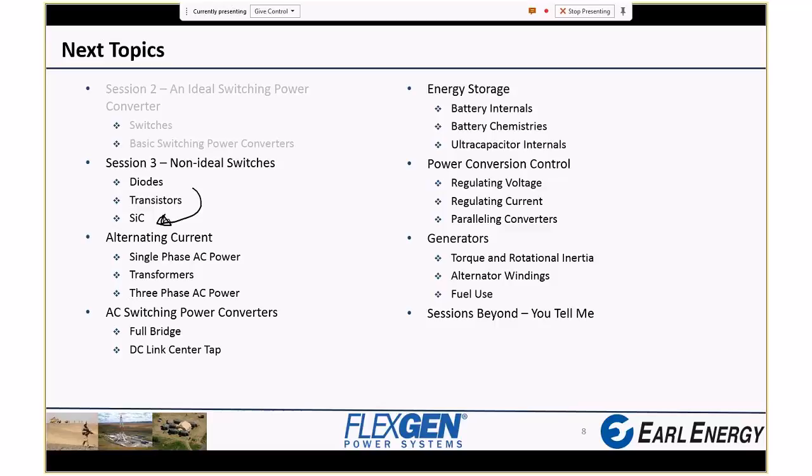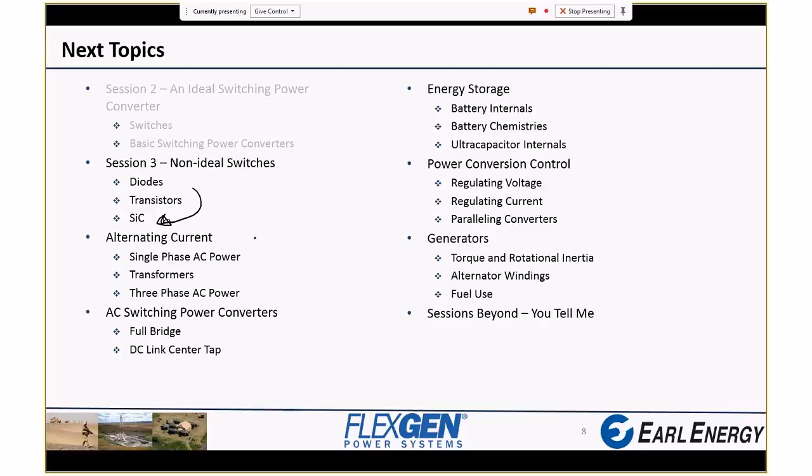I didn't put session numbers on these yet because I bet some of the stuff will get stretched out, but I want us eventually to talk about alternating current, AC power. Basically what we reviewed today is best thought of as a DC-DC converter. You have a DC voltage input, you get a DC voltage output.